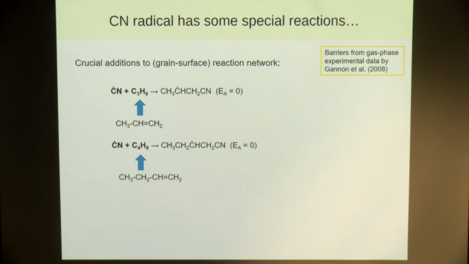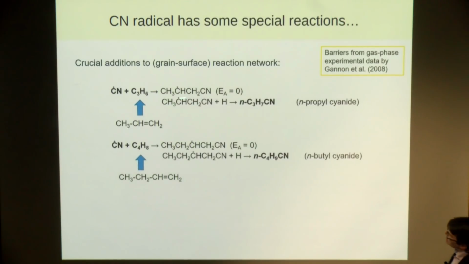That CN radical attacks the double bond. That's important because we can form immediately a precursor radical for propyl cyanide, or butyl cyanide in this case, a precursor radical that has the cyanide group on the end. It's that straight chain form that we weren't producing enough of before. So we do that, we add a hydrogen in our network, and we form n-propyl cyanide and n-butyl cyanide.